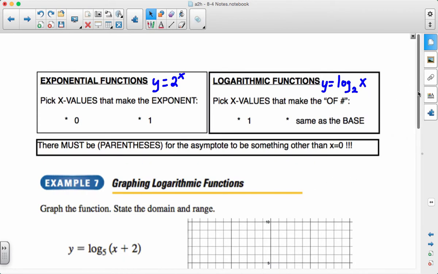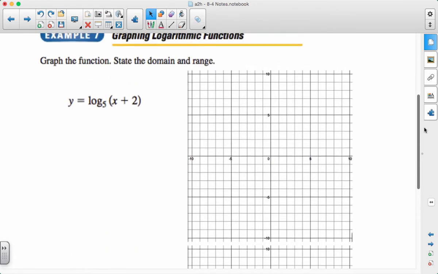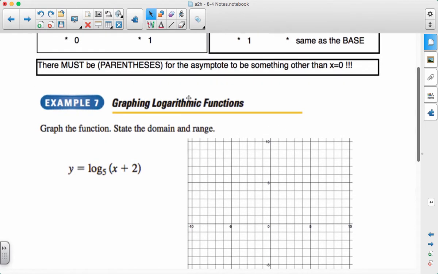Okay, so now remember, there must be parentheses for the asymptote to shift left or right. So in this case, there are parentheses.